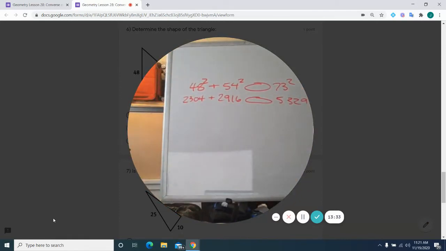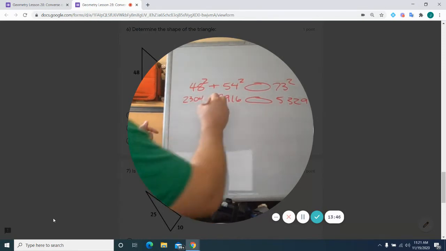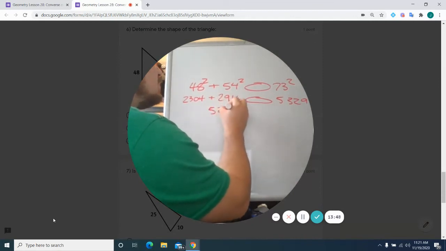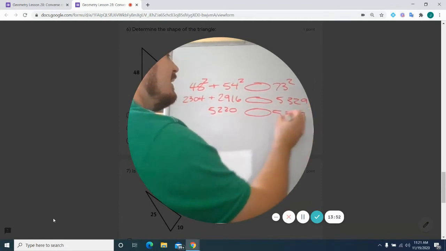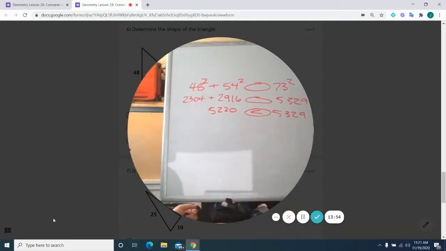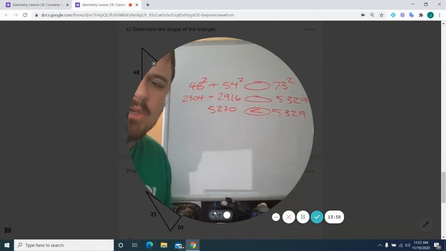Okay, and then let's add 2304 plus 2916, and those equal 5220 compared to 5329. The 5329 is bigger, so c squared is bigger. So when c squared is bigger, what kind of triangle do you have?